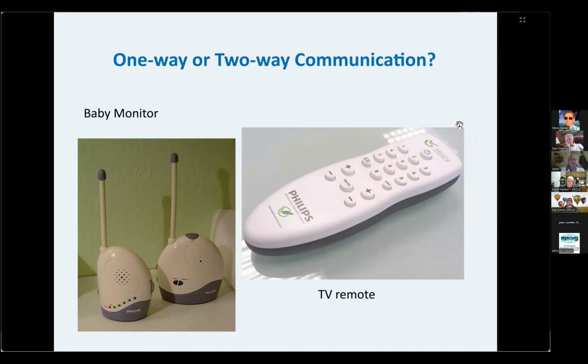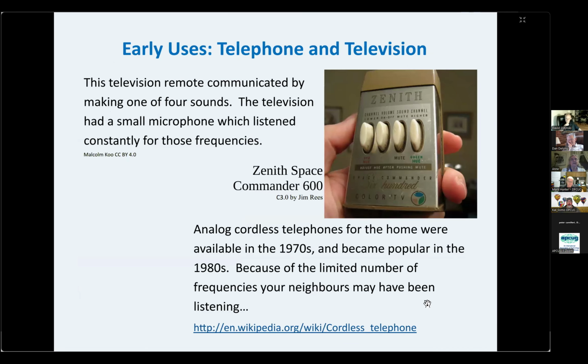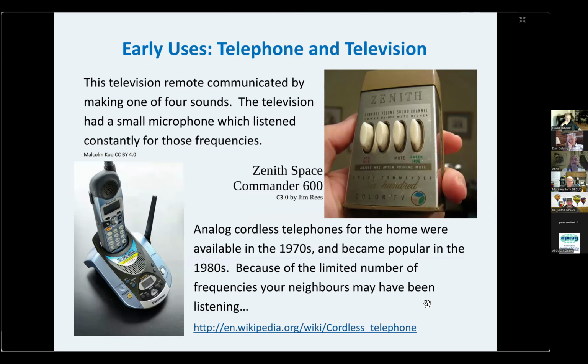You really only want them to be one way, especially these RF ones, which are not very secure, because you don't want anybody who's passing by and is on the right frequency to be listening to what's on the other end of the baby monitor, especially if it's in your bedroom. So it's good that those things are one way.